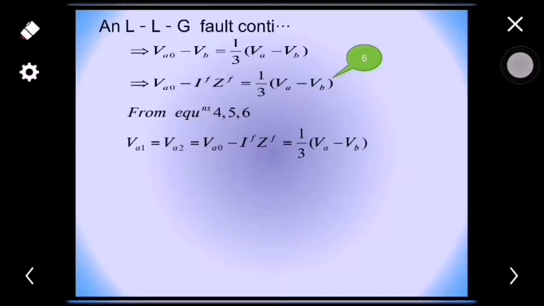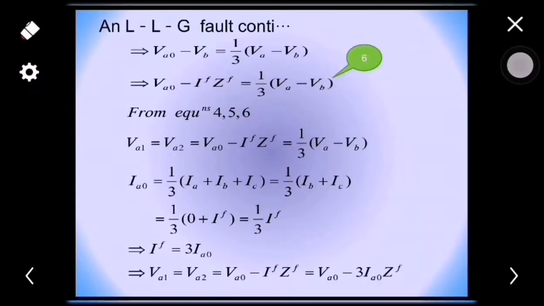So let us derive. We know that IA0 is equal to 1 upon 3 (IA plus IB plus IC). Now as IA is 0 in the boundary condition, IA0 is equal to 1 upon 3 (IB plus IC). One more thing, IB and IC both form IF. IB plus IC is IF itself. So my second boundary condition gives IB plus IC equal to IF, and that's why IA0 is equal to 1 upon 3 IF.